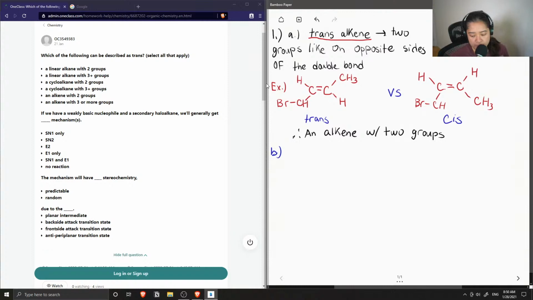Now let's look at part B. If you had a weakly basic nucleophile, so let's write weak base nucleophile, and a secondary haloalkane, we'll generally get blank mechanisms.